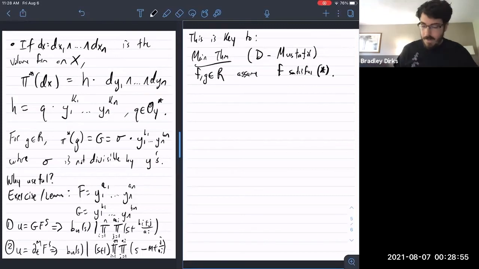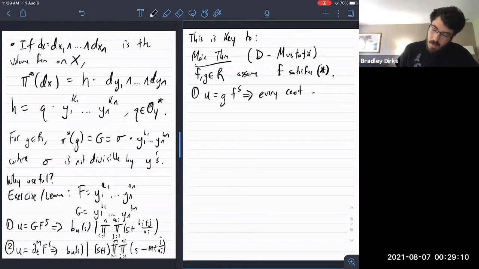It's probably okay if we get rid of it because of this generic smoothness. So if u is of the form g times f to the s, then every root of b_u of s is smaller than the negative of this number.